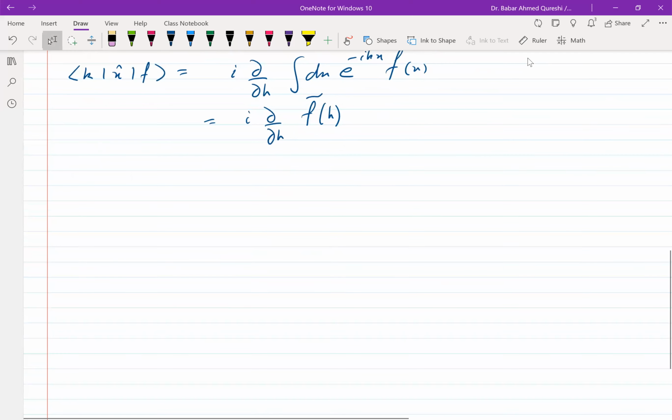So on the left-hand side, if I want to write it in terms of matrix elements of x, I can insert an identity.